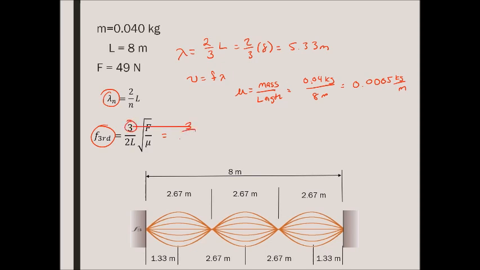So I get 3 over 2 times 8 meters times the square root of my force, which is given as 49 newtons, divided by 0.005 kilograms per meter, which gives me a frequency of 18.6 hertz.